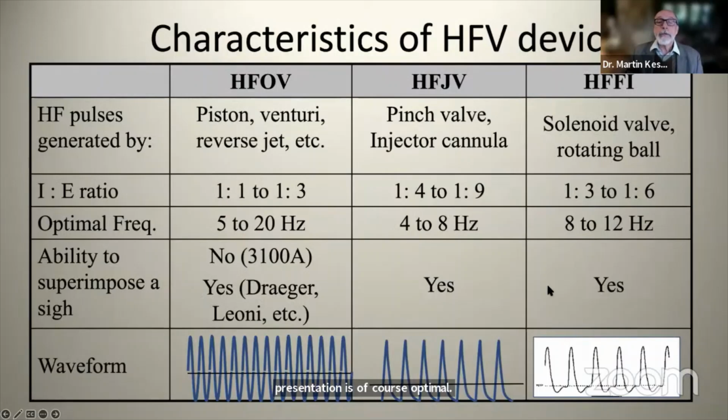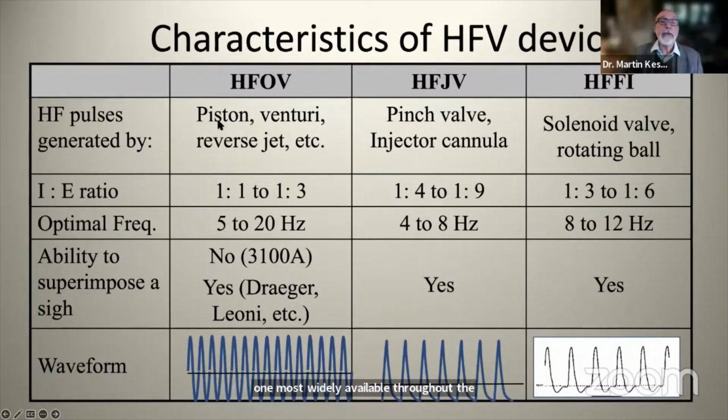So my task was to briefly discuss classification of high frequency devices. And so I will tell you that there are basically three modalities. Not all of them are widely available everywhere. HFOV is the one most widely available throughout the world.